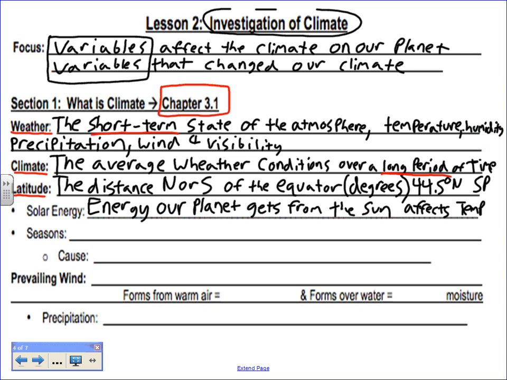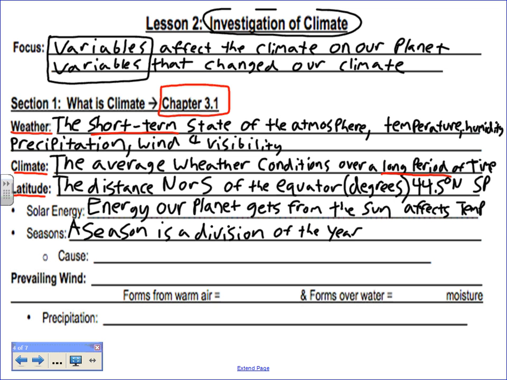Okay. Now, seasons also are affected by latitude. All right. A season is a division of the year. Actually, latitude affects seasons, but a season is a division of the year.